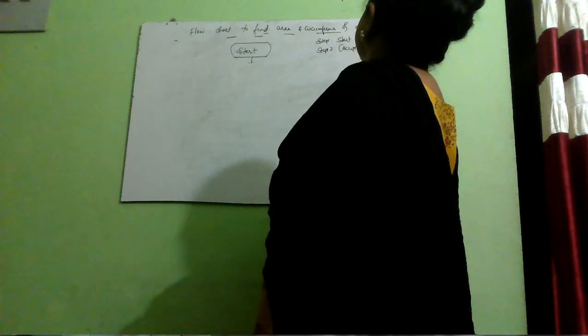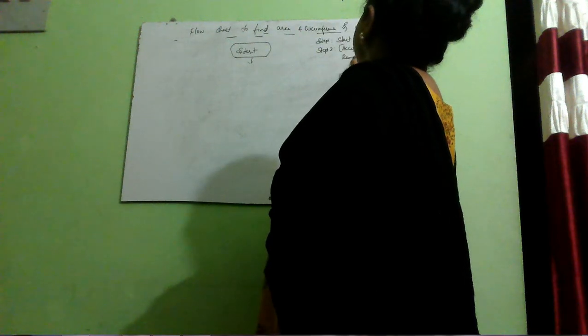It is very easy to convert an algorithm to a flowchart, but without an algorithm, it's very difficult. So first practice writing an algorithm, and the same you can easily translate to a flowchart. Like you can see here, step 1 is start. Start is an ellipse. Step 2 is read.